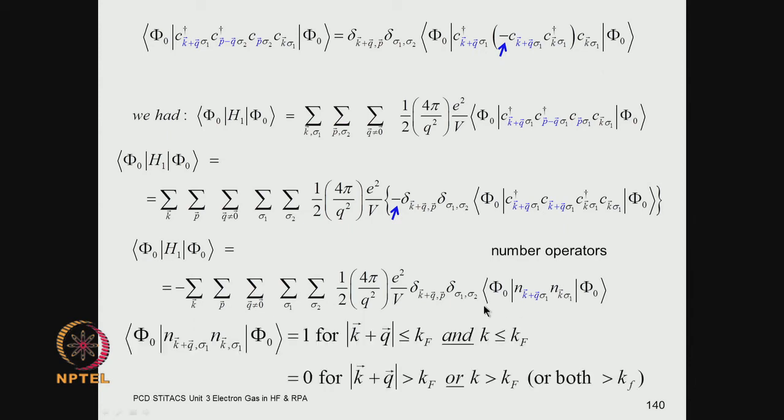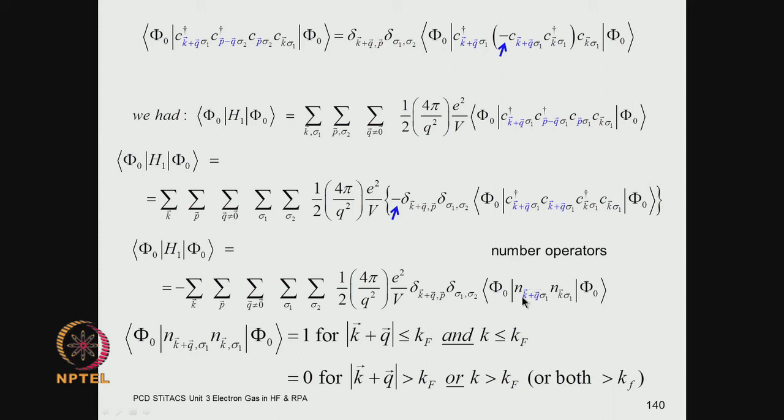And now, if you can go ahead and recognize that this operator, the number operator, will give you a value 0 unless the corresponding momentum state is occupied. And what are the two momentum states which are being referred to? There are two number operators, one for momentum k and the other for momentum k plus q.